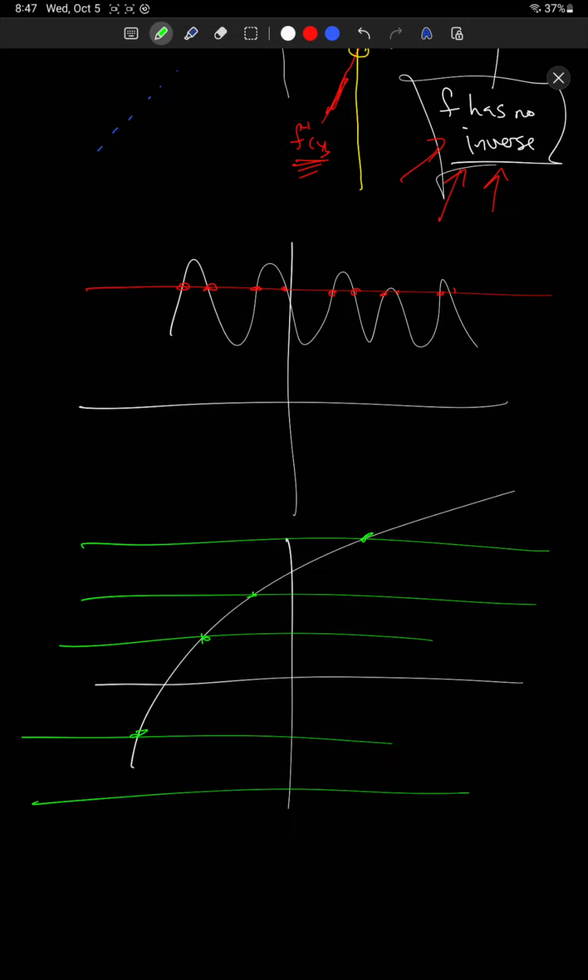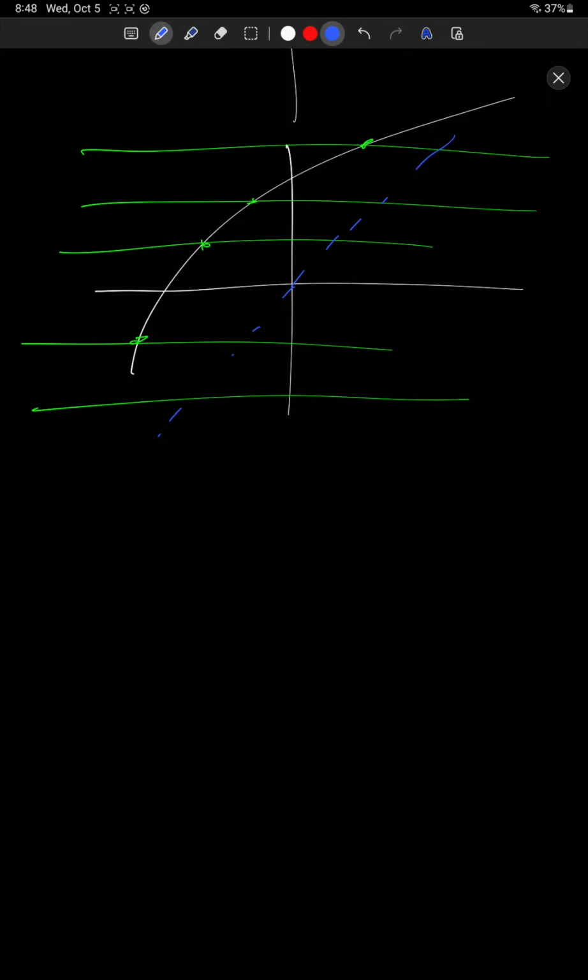Then it does have an inverse, because when I do this flip across y equals x, the horizontal lines become vertical lines, and so the vertical line test will be okay, and the inverse will be legitimate.